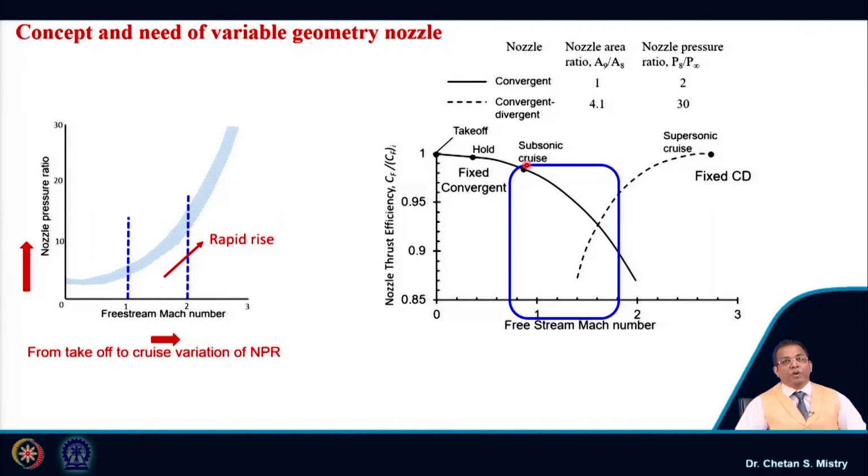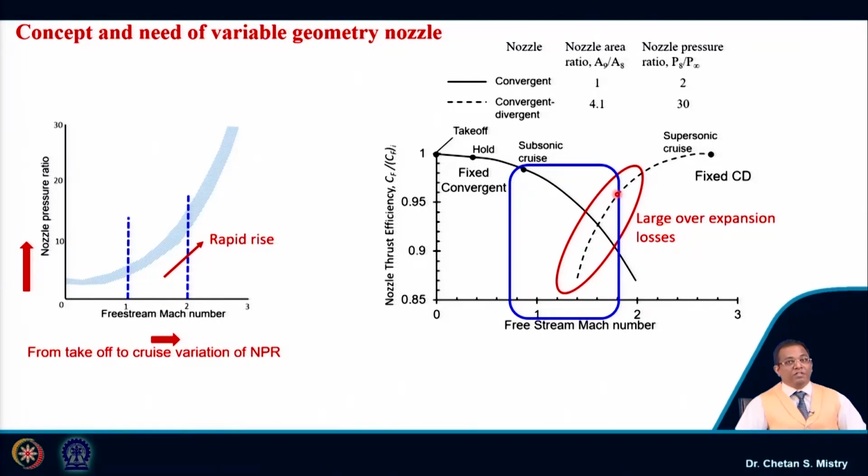So, in this particular region, use of a convergent nozzle will not give any benefit. If that is not the case, then we need to go with some other alternative. The other alternative is the fixed convergent-divergent nozzle. Again, for that configuration also, we will have losses because of the expansion.